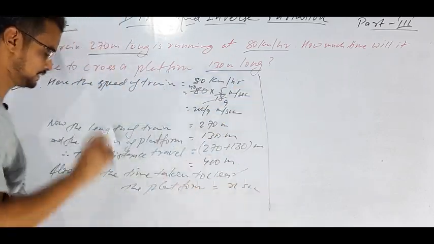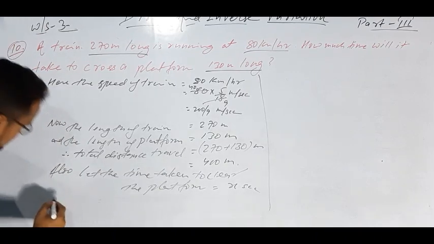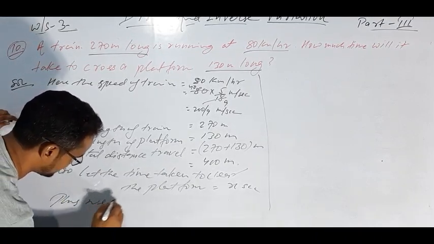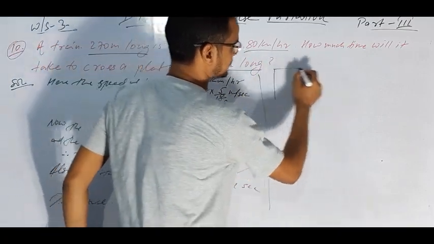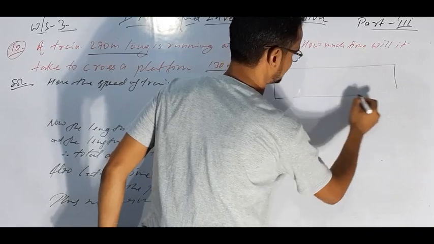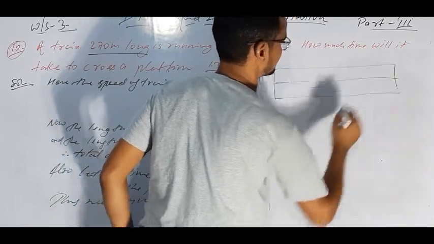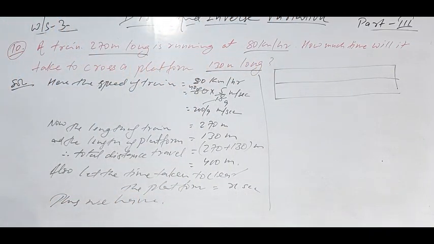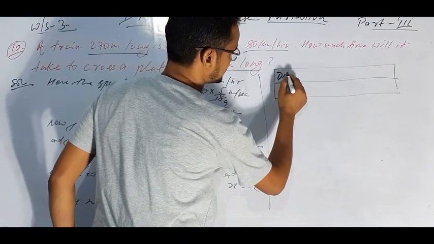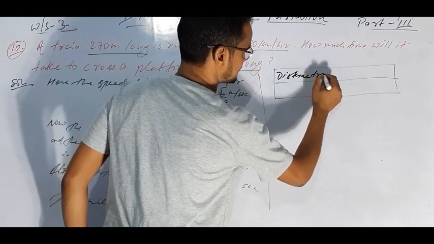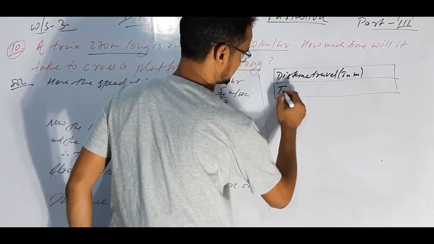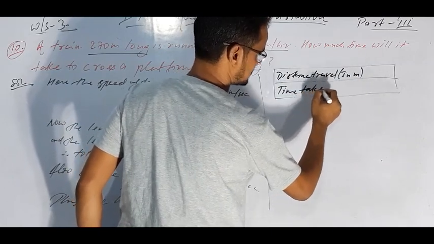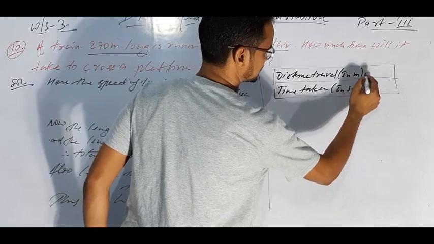Now we will form a table. What is the table? Distance travelled in meter, time taken in seconds.